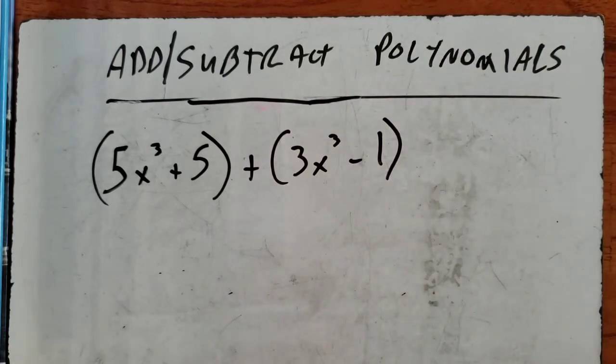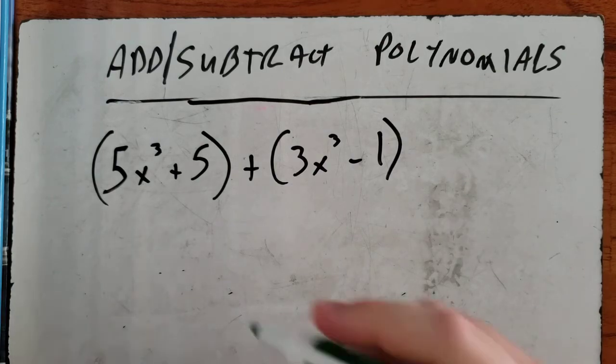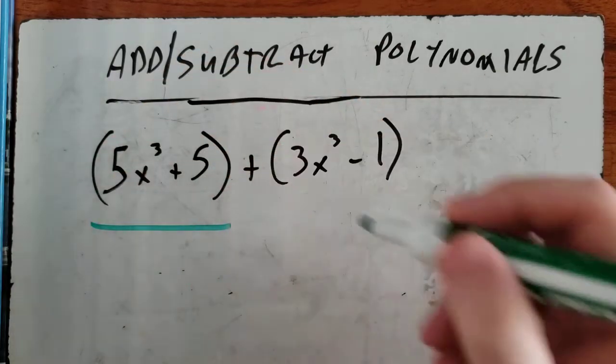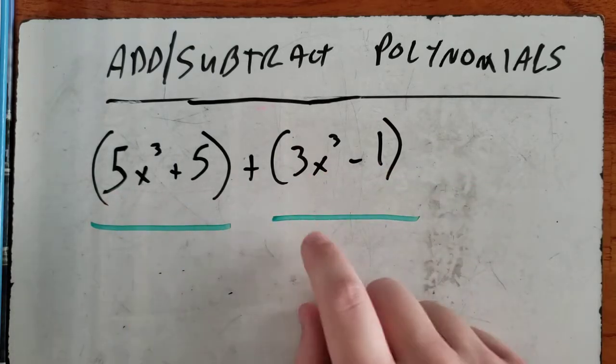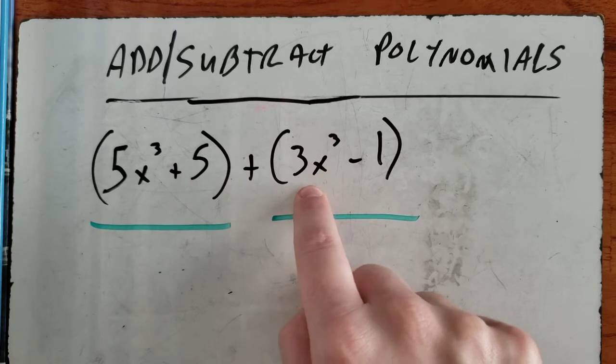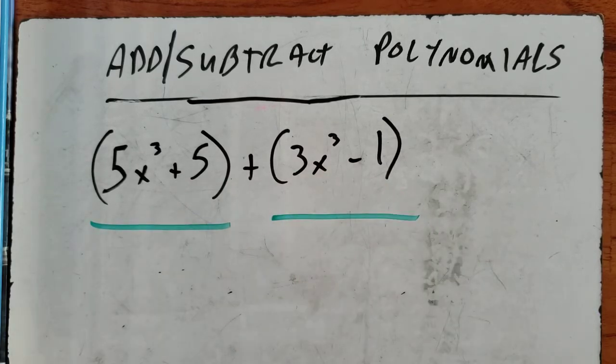So look at these numbers. We have our one term here, and we have our second whole thing here: 5x to the third plus 5, and then this whole thing plus 3x to the third minus 1. Really, you can only combine like terms. So what are our like terms?